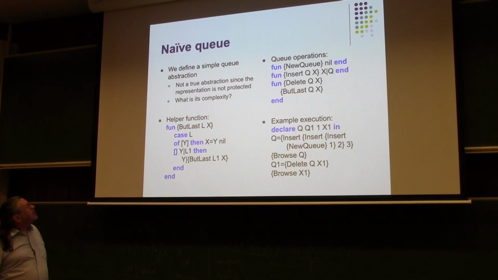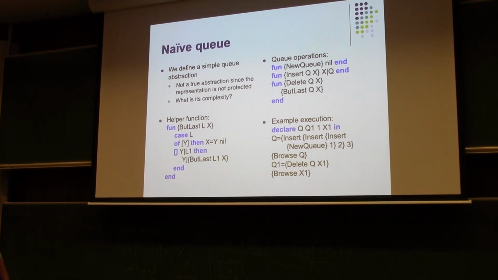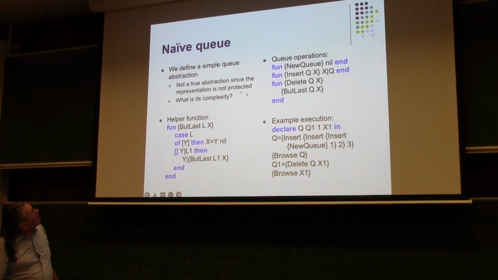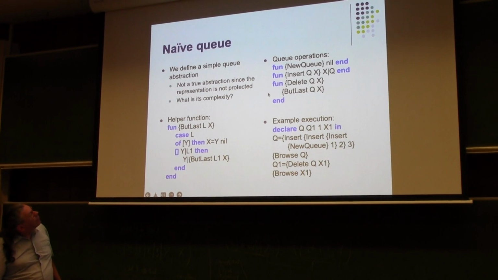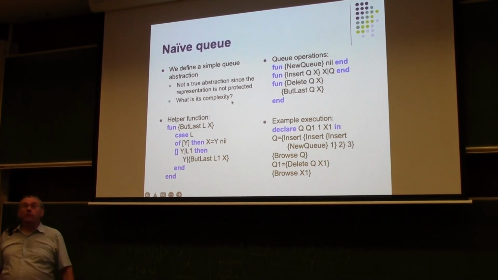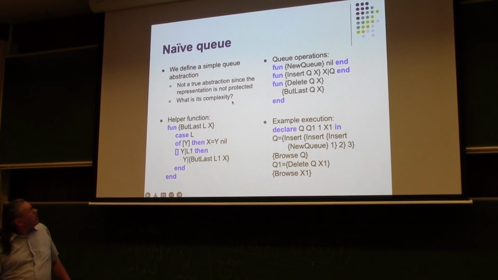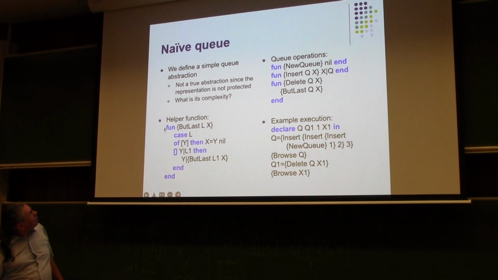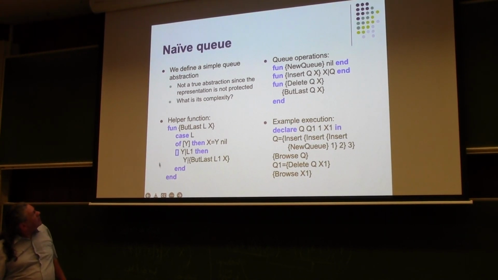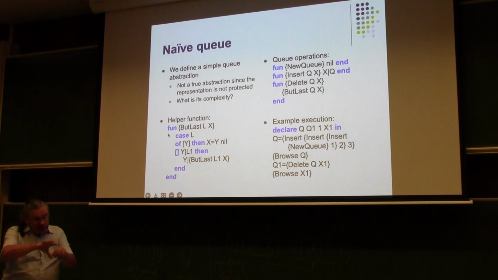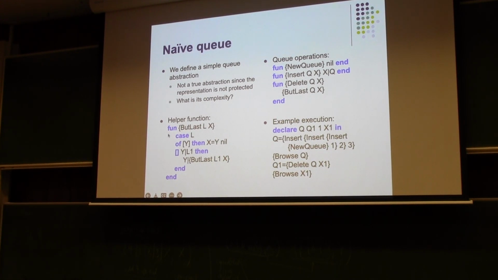So that's a queue, and we're going to be showing you implementations of that. Okay. So here's a naive queue. Very simple, naive one. And it's actually not a true abstraction since I'm not protecting the representation, but I want to show you the simplest possible queue. And the question is, what is the complexity? In order to do it, I need a helper function called but_last, which takes the last element out of a list and returns the list without the last element.